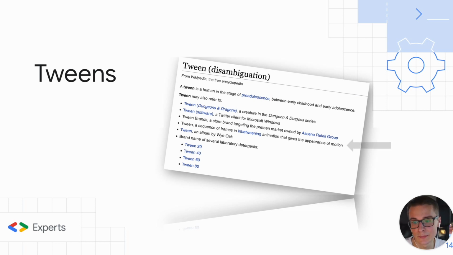Actually, tweening or in-betweening was known in the animation industry many years ago. One of the biggest companies that heavily used tweening, also in computer animated graphics, was Pixar. In-betweening means that you give the appearance of motion for an object.